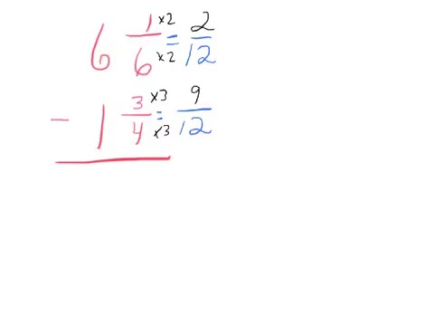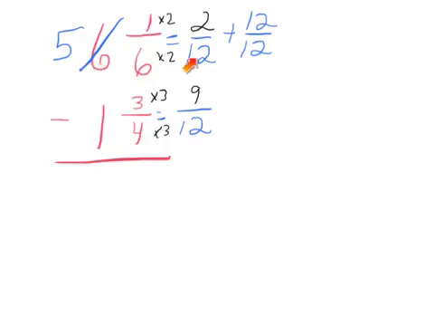And now I look at my top fraction part of my mixed number, and the 2 is smaller than the 9, so I have to rename this top mixed number because I can't subtract 2, take away 9. So to do that, I'm going to take away a whole number from the 6, turns into a 5, and I'm going to add to it 12 twelfths because that's equal to 1 whole, just like this part I took away.